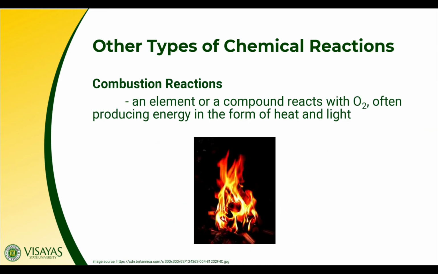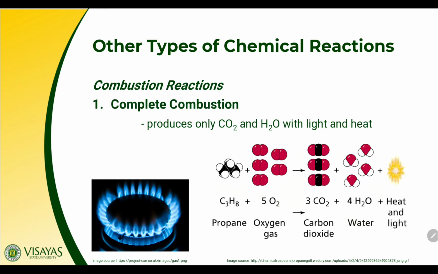Another type of chemical reaction is called combustion reaction. So here, an element or compound reacts with oxygen, which produces energy, usually in the form of heat and light. So we have here an example of a combustion reaction. We have two types of combustion reaction. The first one is a complete combustion.